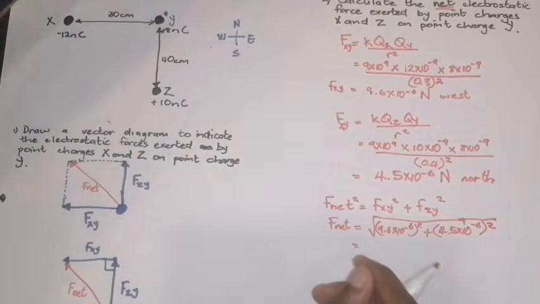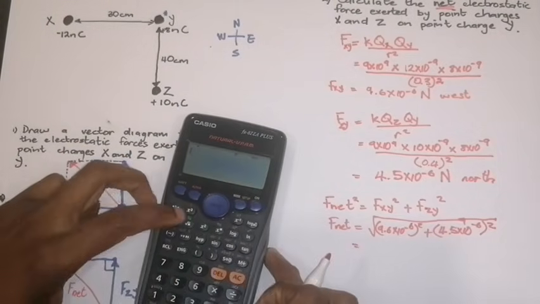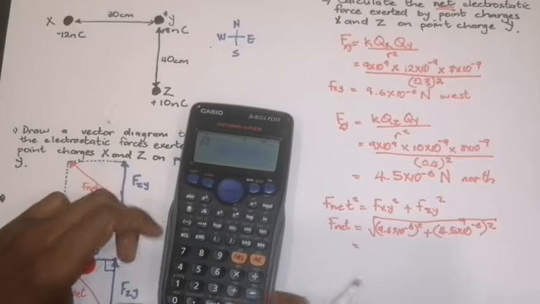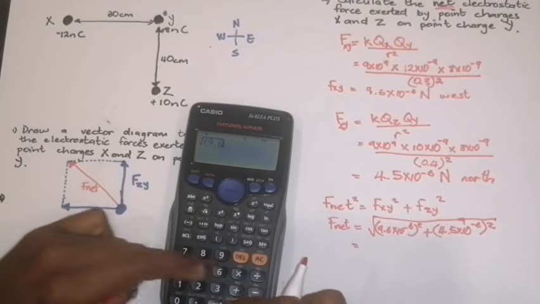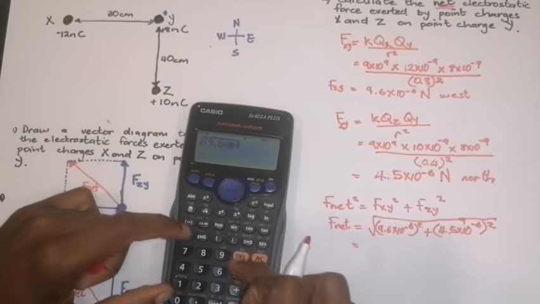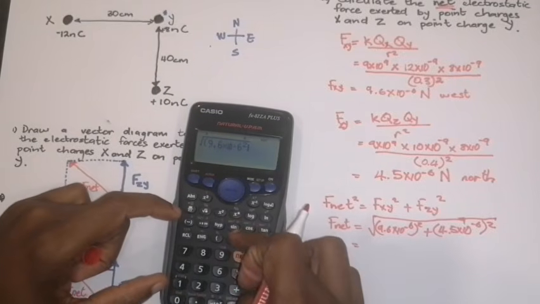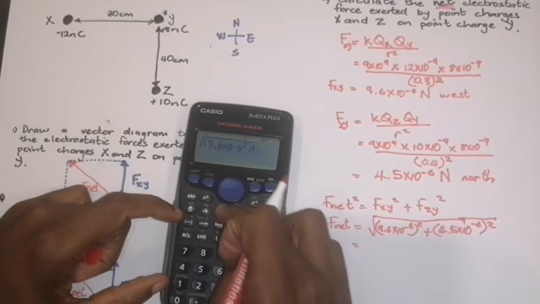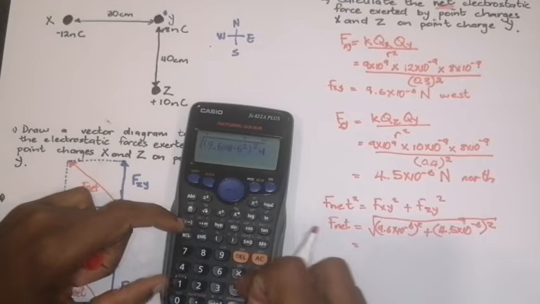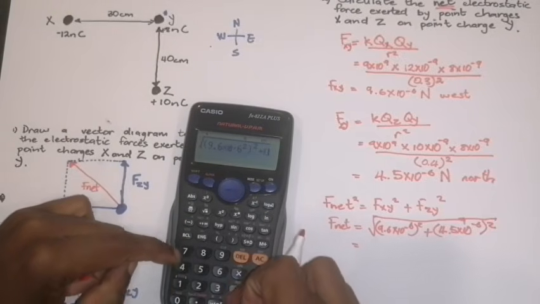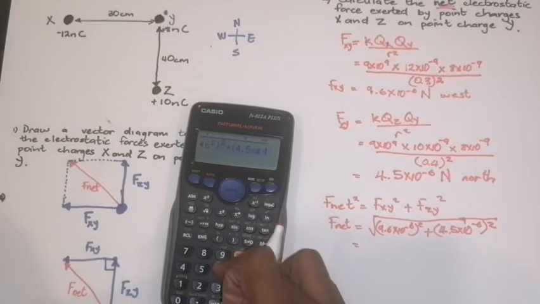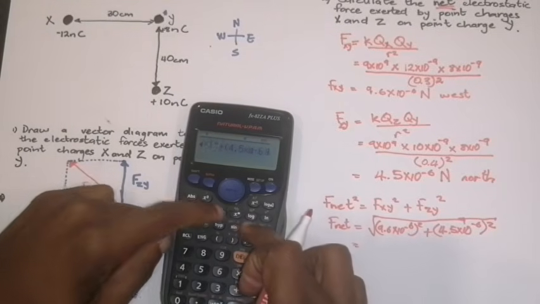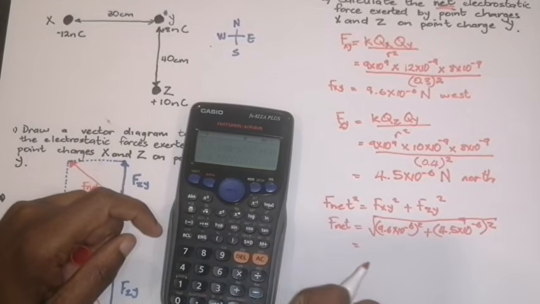Let's work that out quickly. We take the square root of 9.6 times 10 to the minus 6, squared, plus 4.5 times 10 to the minus 6, also squared.